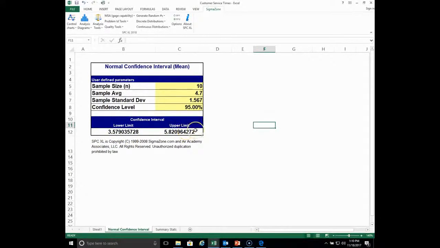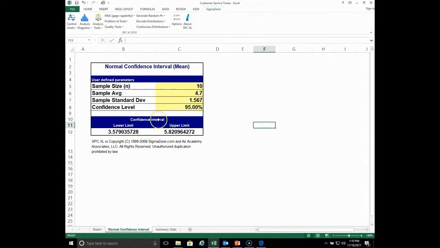Do you recall what the population mean was in that simulator? It was 5. So this confidence interval captured that 5. Now this confidence interval, we can be 95% confident of what? That the true population mean is captured within these two numbers. And we know that's the case because in our simple simulation, the population mean was 5.